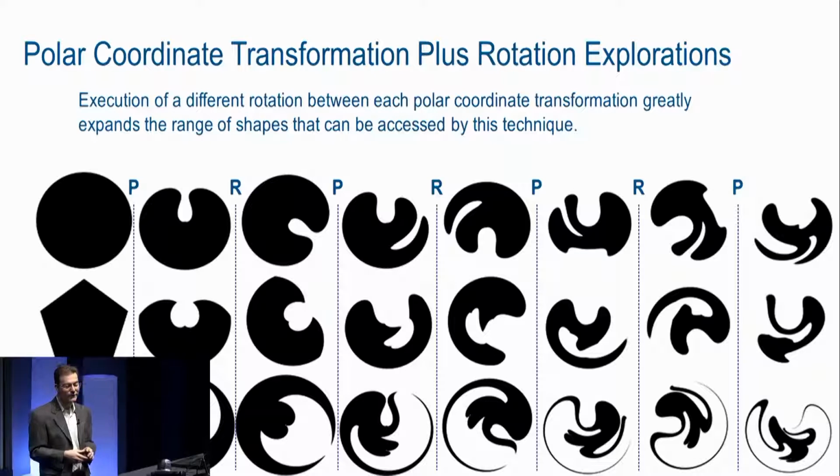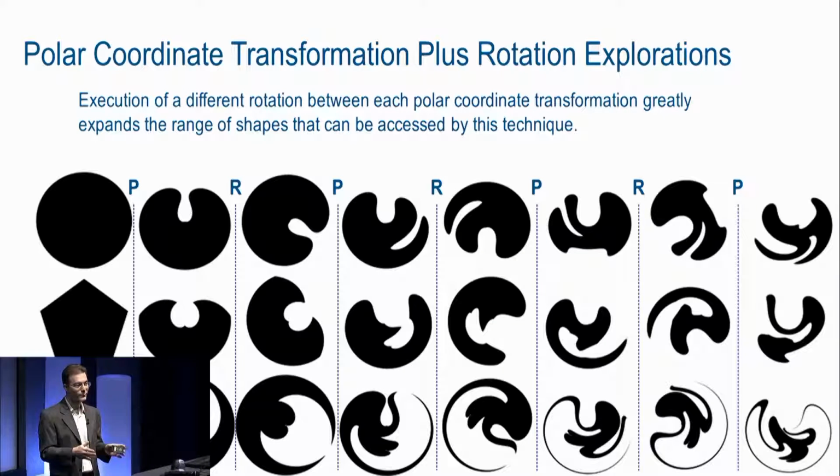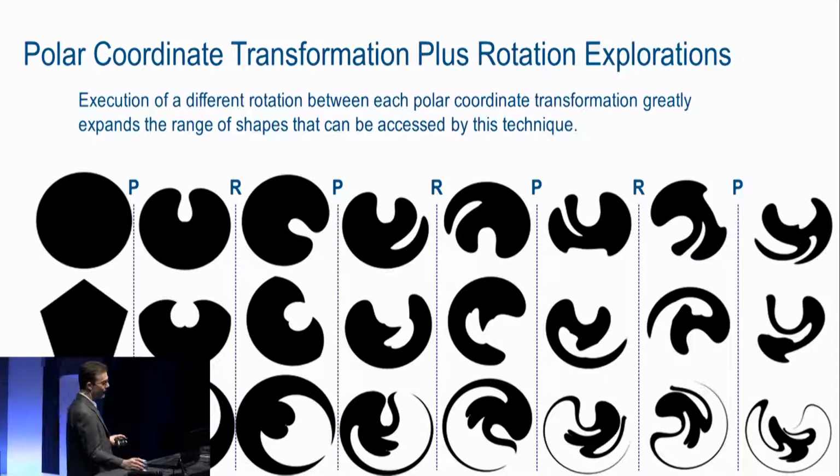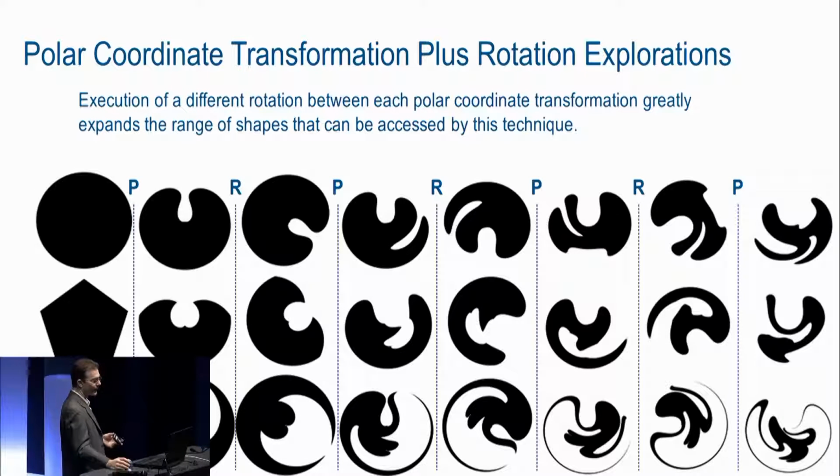So now, instead of doing the polar coordinate transformation and rotation by a certain amount, we're picking the amount of rotation differently for each of these columns with the R above them. So here we're rotating by, say, 75 degrees, and then here we're rotating by, say, 180 degrees.